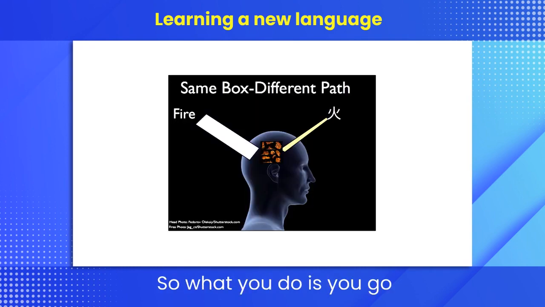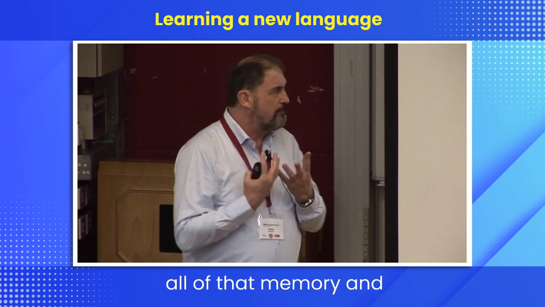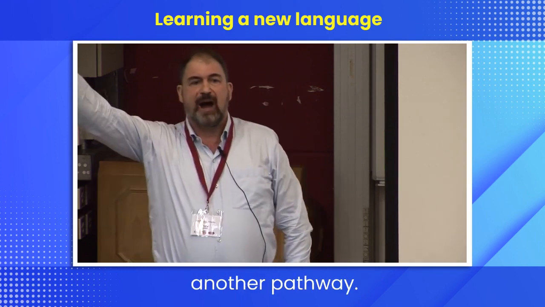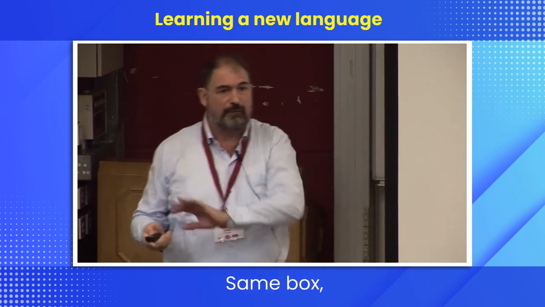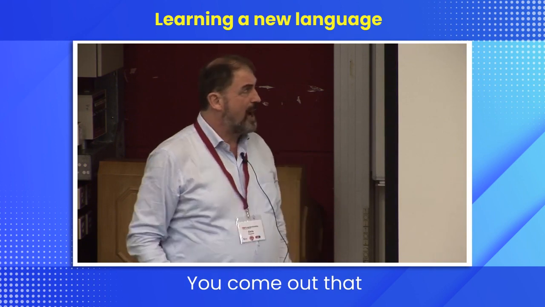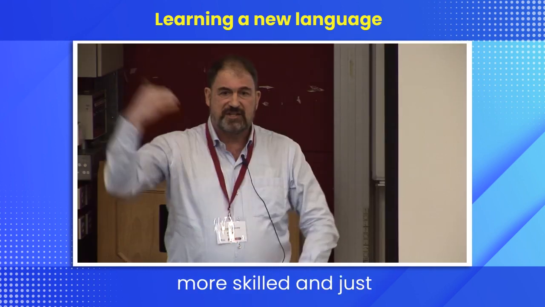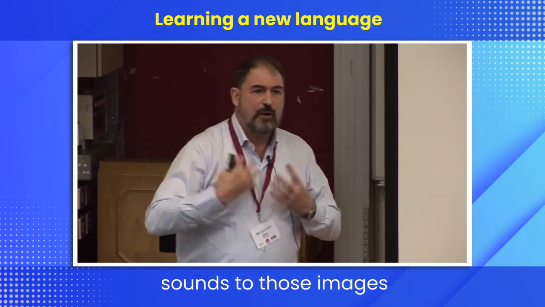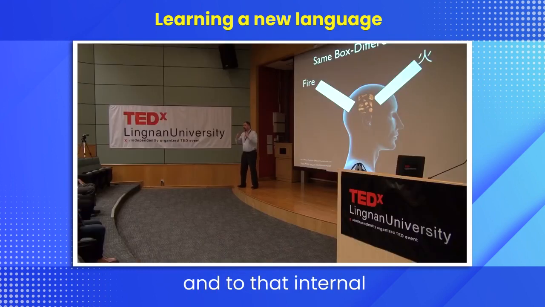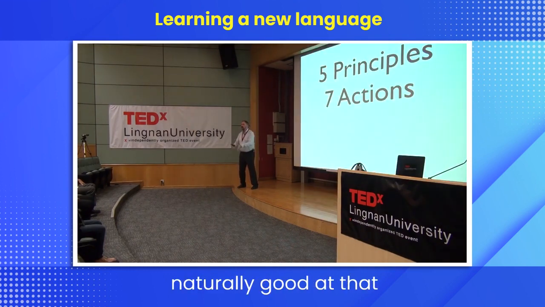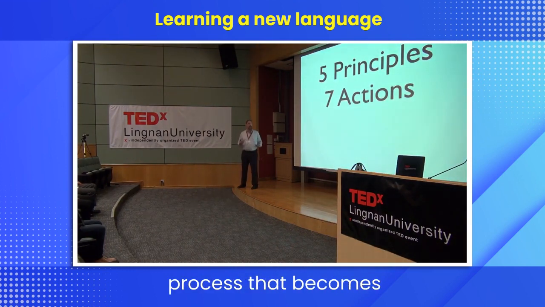So what you do is you go into that imagery and all of that memory and you come out with another pathway. So I call it same box, different path. You come out that pathway and you build it over time. You become more and more skilled at just connecting the new sounds to those images that you already have and to that internal representation. And over time, you even become naturally good at that process that becomes unconscious.